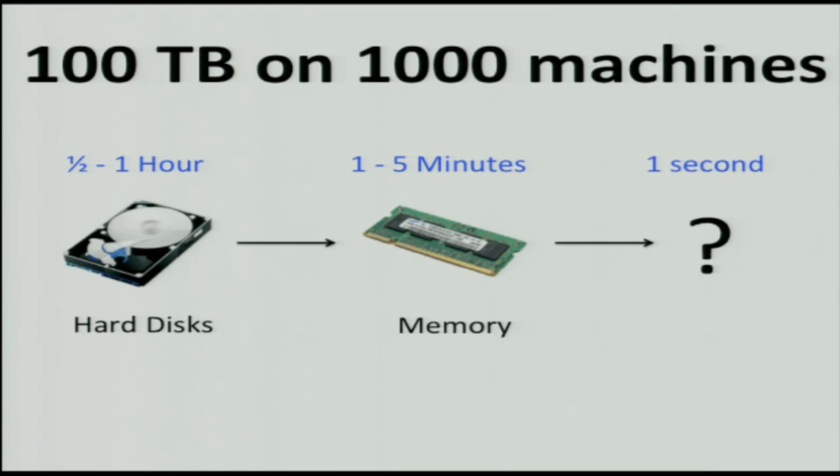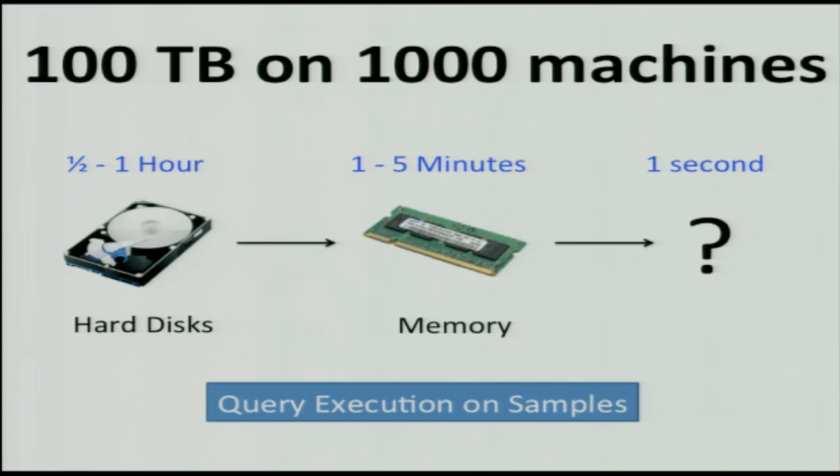In this design space, what we are trying to achieve in BlinkDB is sub-second latencies, or latencies of the order of seconds. To achieve this, we cannot even afford to scan the entire data at runtime. So we propose a new paradigm that involves query execution on samples of data.